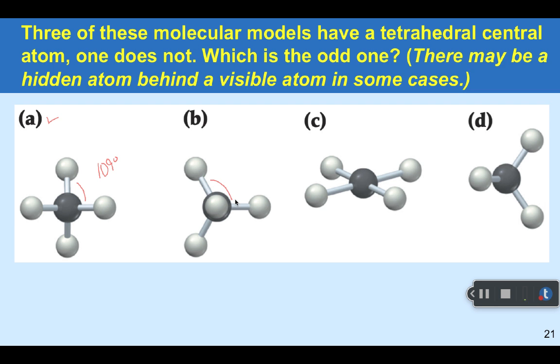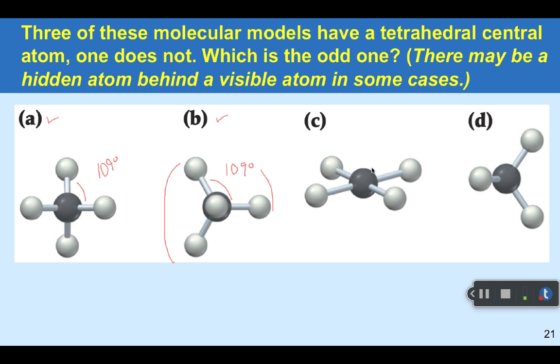The same thing would be true on the second one. That doesn't look like 120-degree angles. Again, I believe that's the 109. There is nothing hidden, and there's shading that represents the fact that these three peripheral atoms shown around the center black one are pushed away from the plane of the diagram.